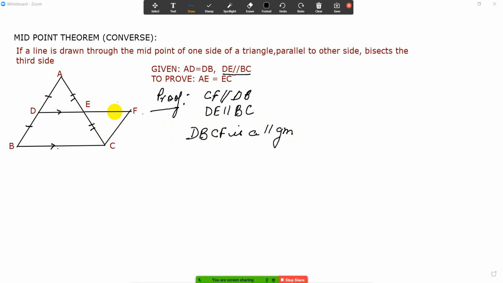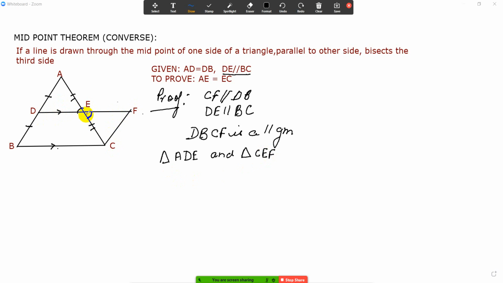Now when we have said that this is a parallelogram, we'll come to these two triangles, ADE and CEF. So in these two triangles we can see that angle DEA is equal to angle CEF.